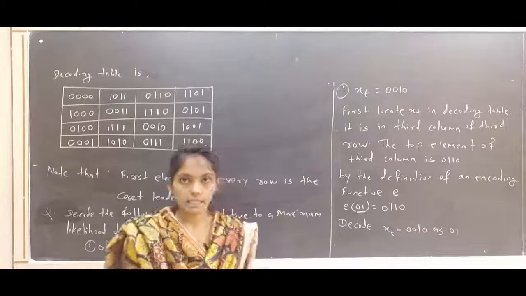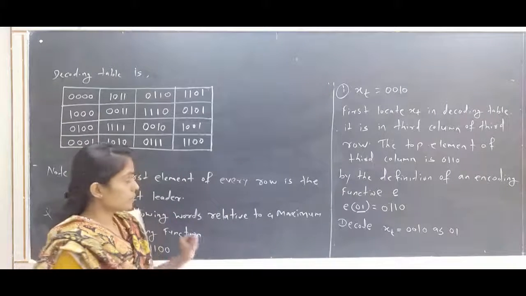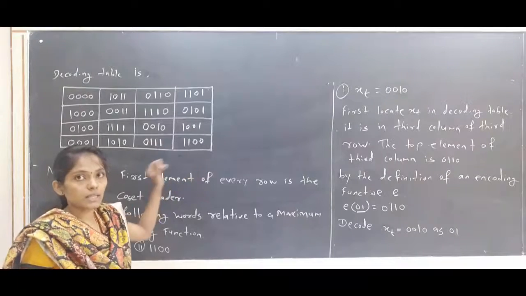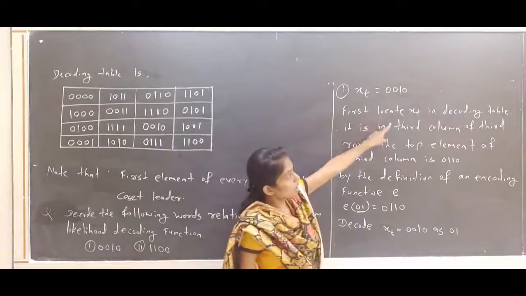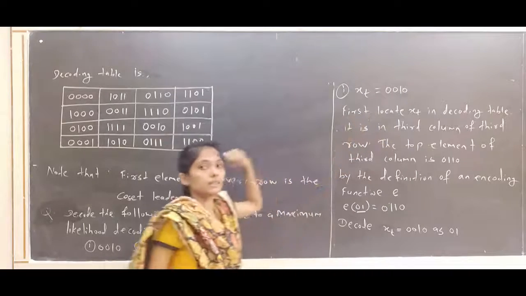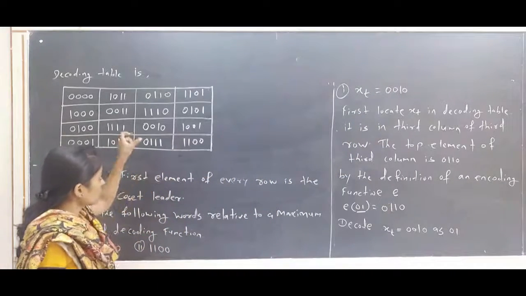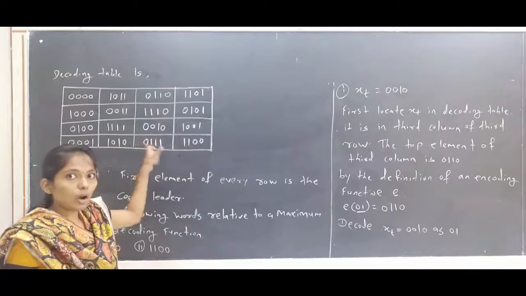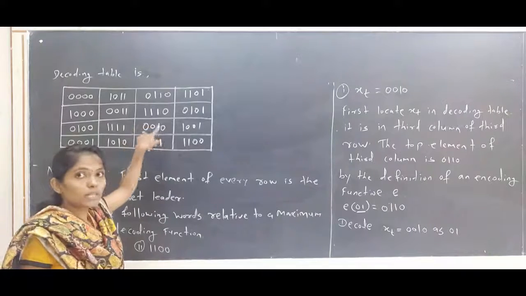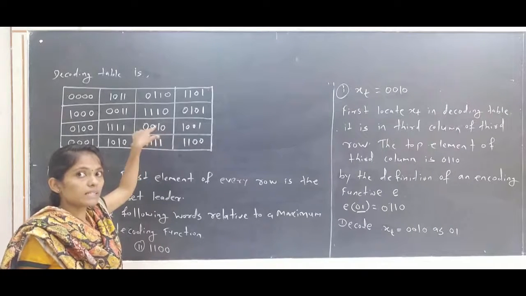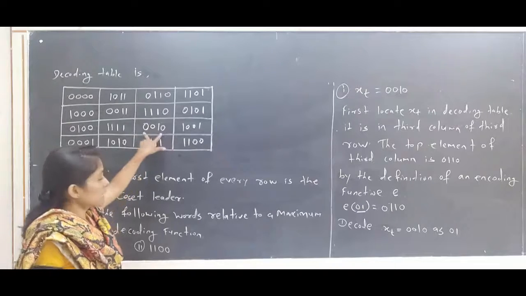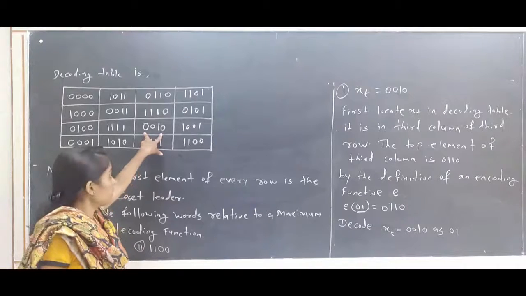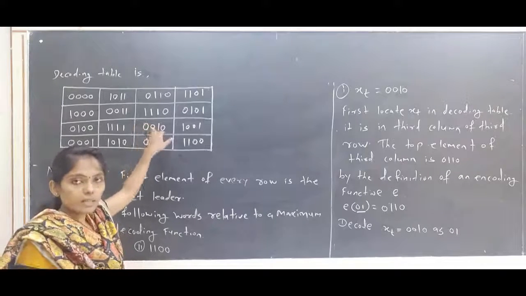So see here, to decode the word, first of all construct a decoding table. After constructing it, locate the position of xt in the decoding table. After locating the position, select the top element of the column where xt is placed.